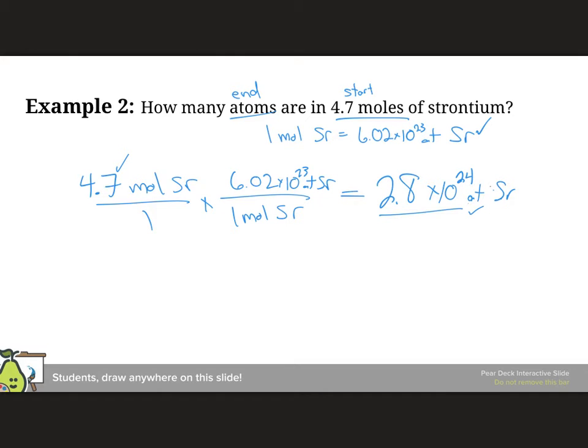Again, you notice I've got moles here, which is why moles are on the bottom, because those will always cancel out. Whatever's in the top needs to go on the bottom in order for it to cancel out.